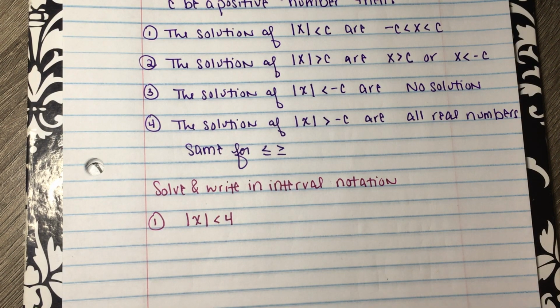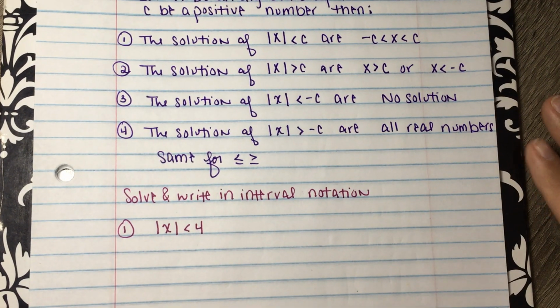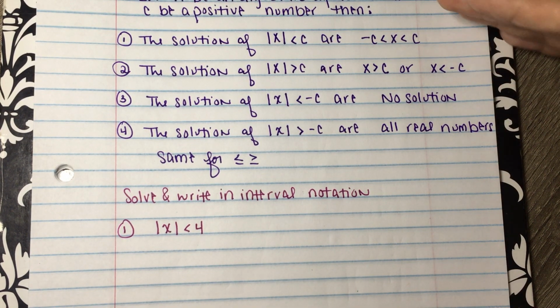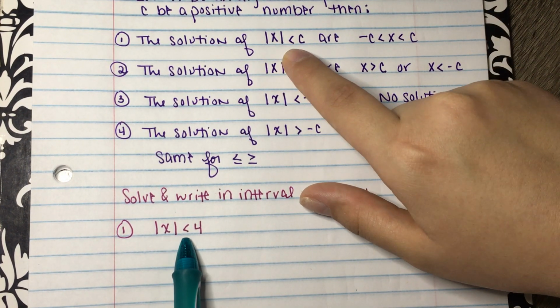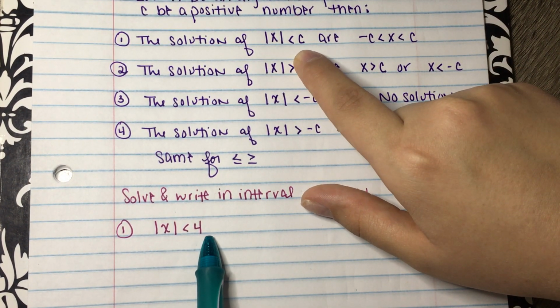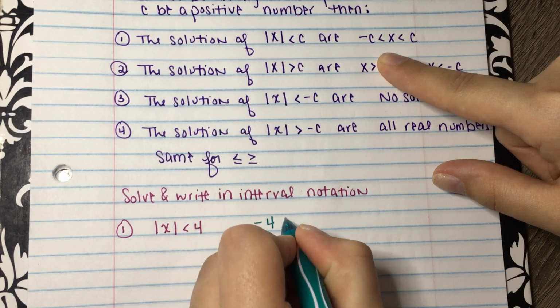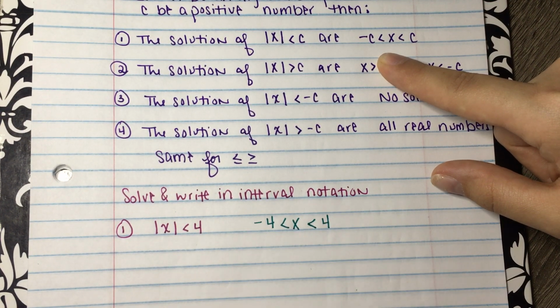Now I can just think about these rules here, and I know you can see them at the top of the sheet, so I don't need to use a sticky note right now. I'm going to tell you that this is a condition 1 problem. I have the absolute value of an expression, which is x, is less than a positive number c. So I'm going to rewrite this as -c is less than x, everything inside the absolute value signs, is less than c.